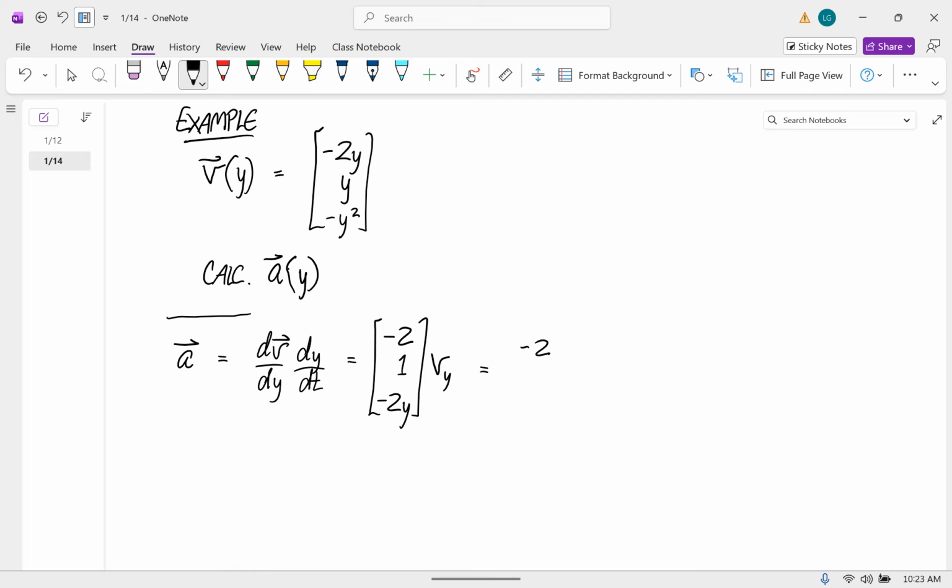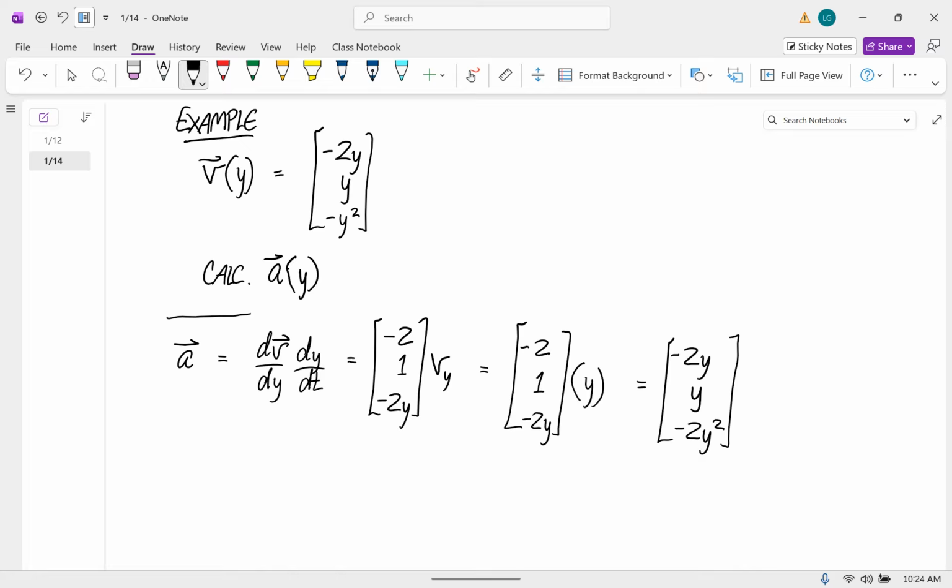So this is (-2, 1, -2y) times y. And now the acceleration as a function of y is equal to (-2y, y, -2y²). We're going to use that all the time.